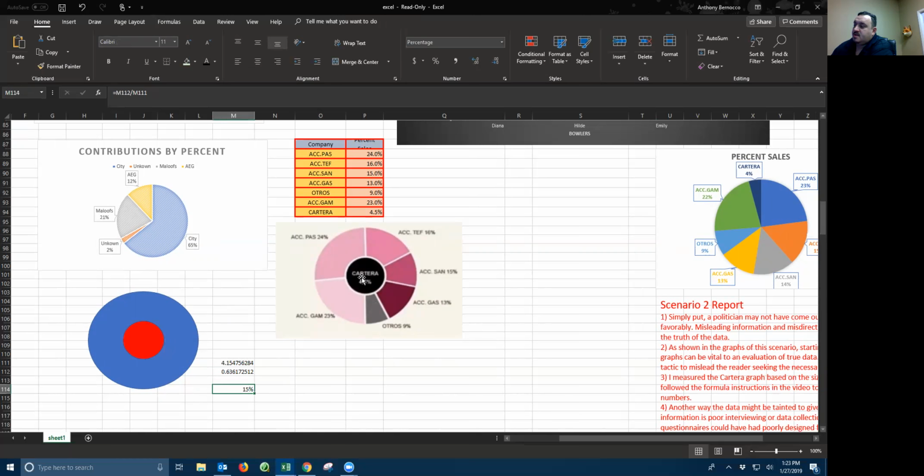So not 4.5% as they want to appear to be. So the 4.5% is actually a lot less than what they're trying to show, I think is what I'm trying to say.